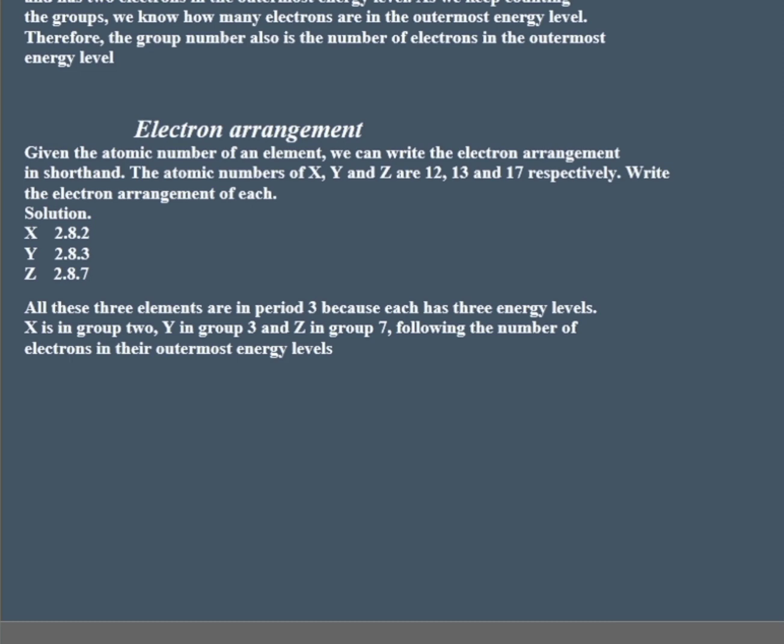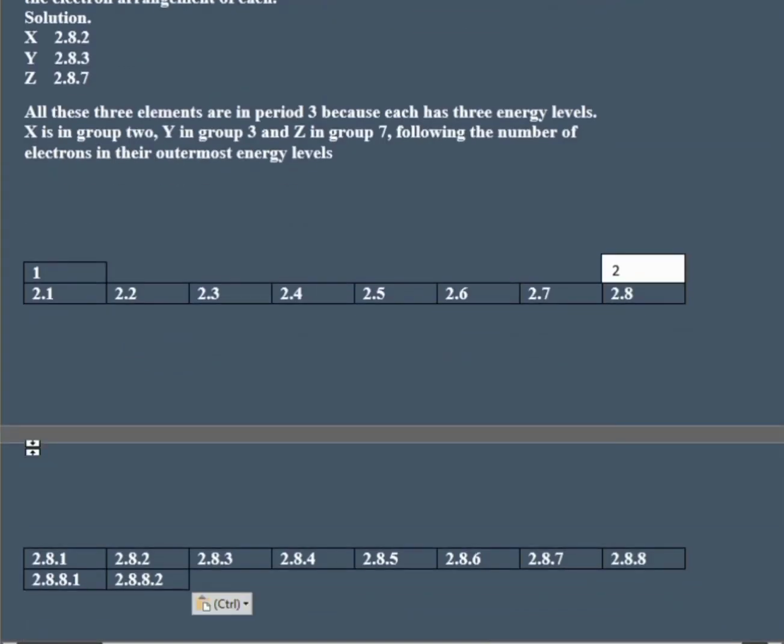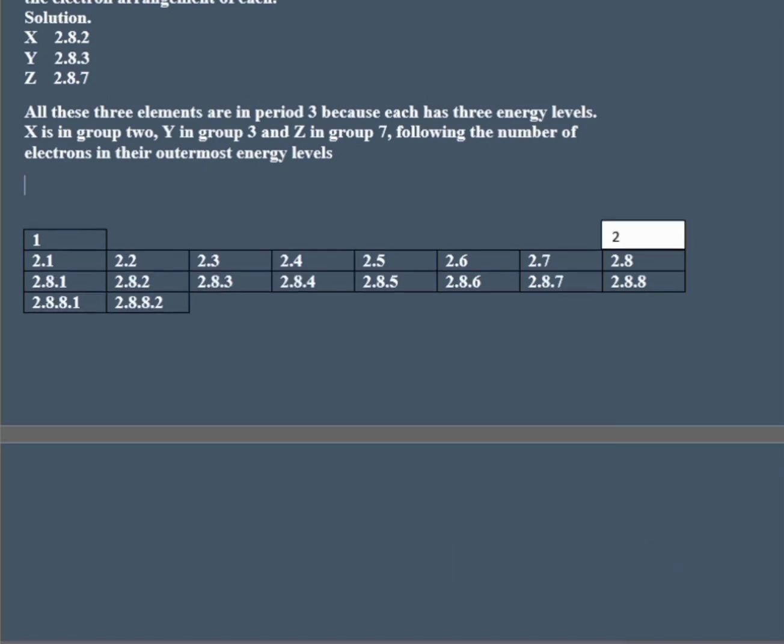That becomes simple even when we are given the periodic table: we can tell which element is where, in which group and in which period.